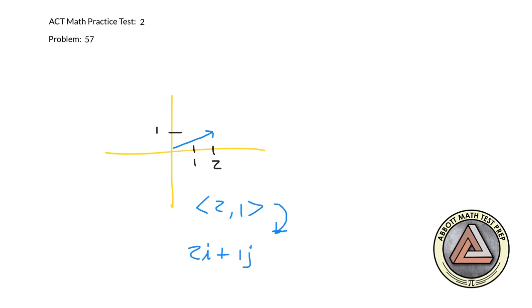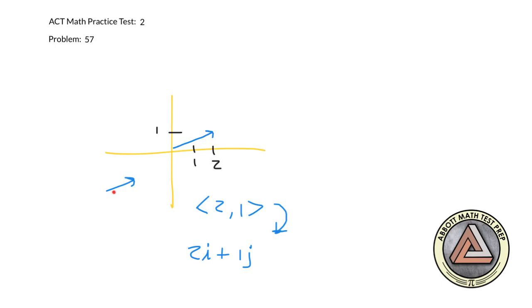I do want to note that this vector is placed in such a way that the endpoint is on the origin, but this vector could be represented anywhere in space. It could be represented, for example, here in space. And even if it was represented here, it would still have this same notation because the notation only really describes what it's doing from its beginning location.